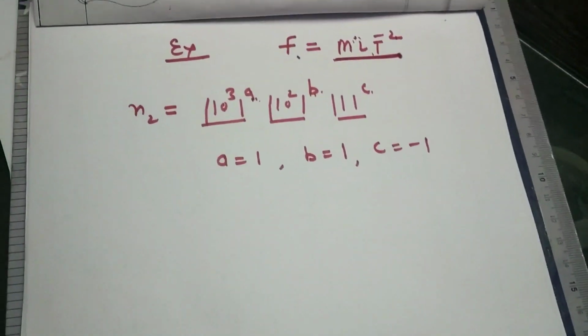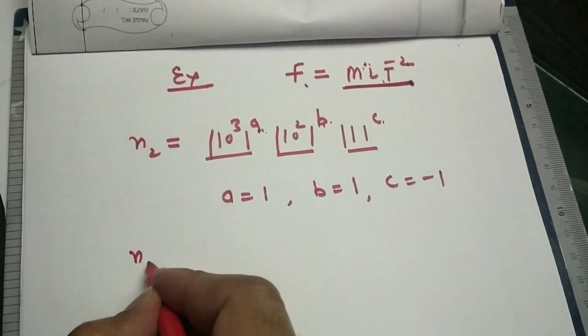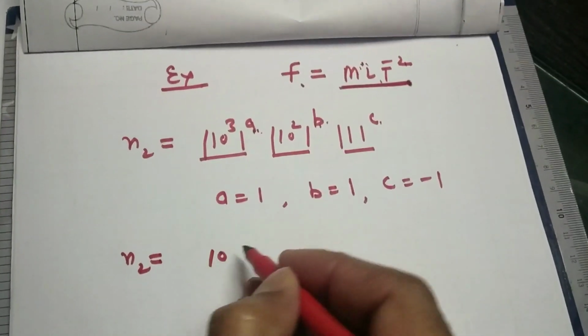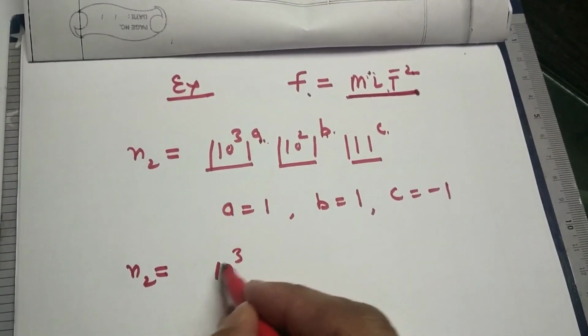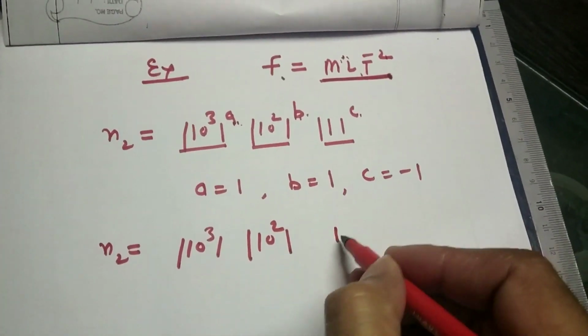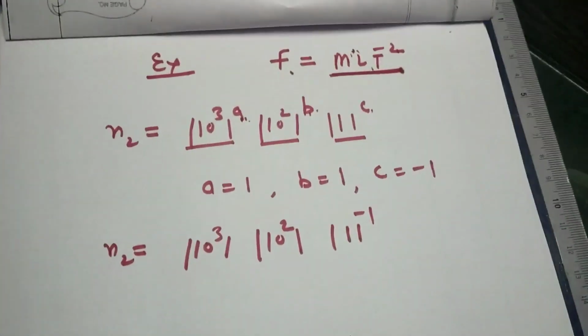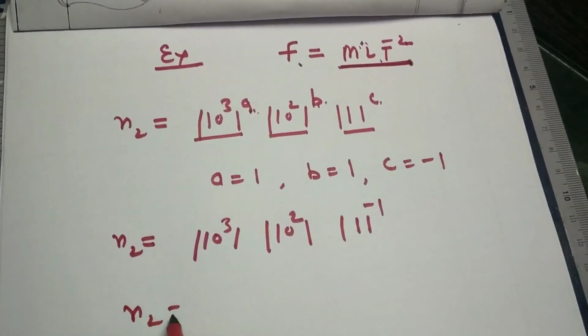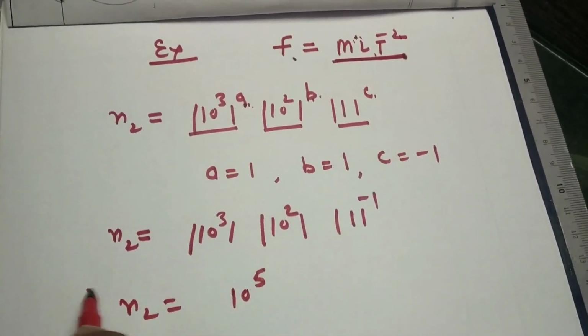These are the dimensions. Put the value. N2 equals 10 power 3, 1, 10 power 2 and c minus 1. It means N2 equals 10 power 5.